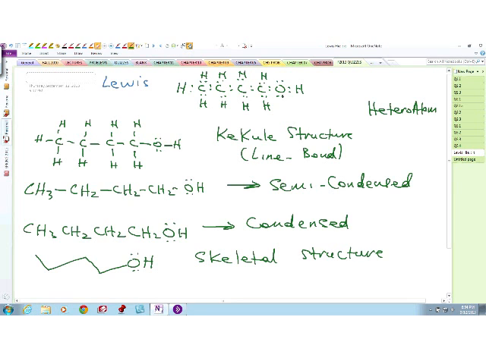But you also have to show the non-bonding electrons, because I have oxygen in here. Oxygen is a heteroatom. Any atom that is not a carbon atom or hydrogen atom, we call them heteroatoms. Is that relevant to the structure? No, it's not. It's just nomenclature. Okay.